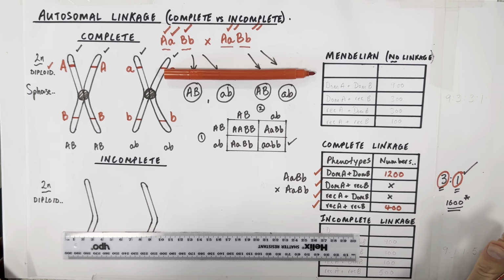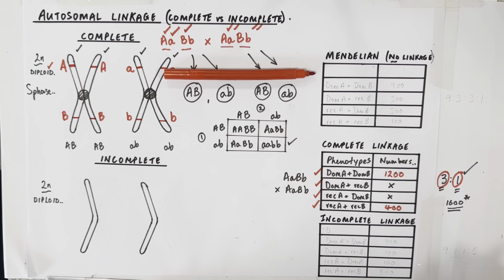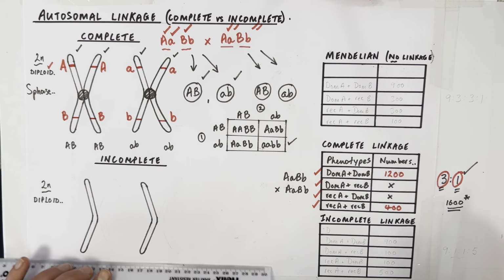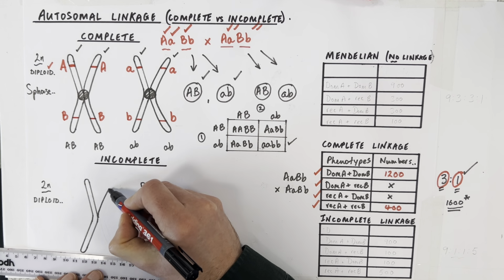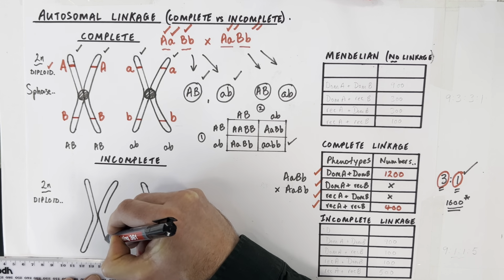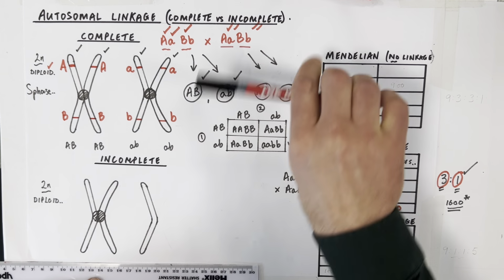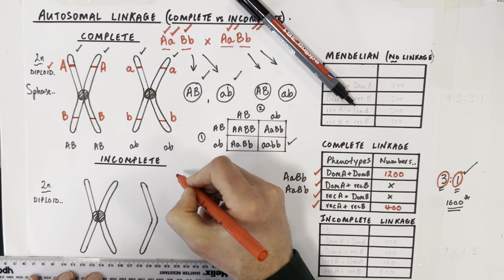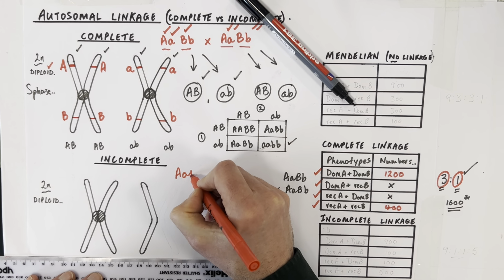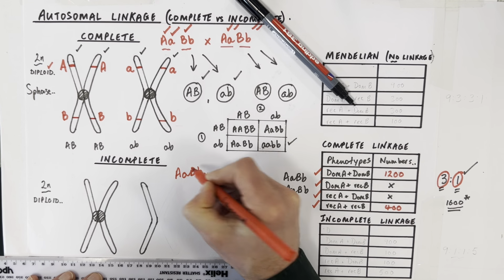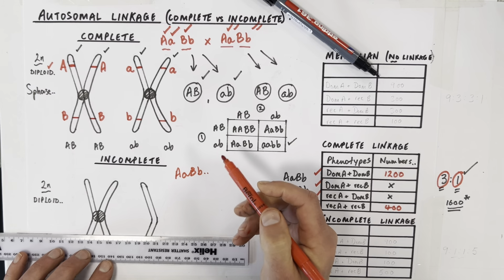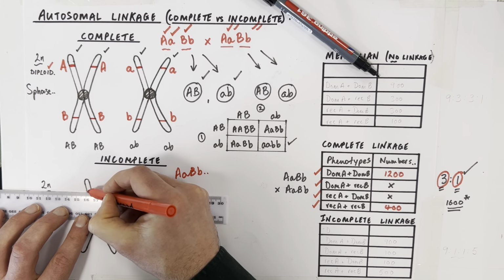Now, if we have a look at incomplete linkage then, so this time we're going to go the same genotype for the parent. So I'm going to go this genotype again for the parent. It's exactly what we had at the top, but this time I'm going to put the genes here.